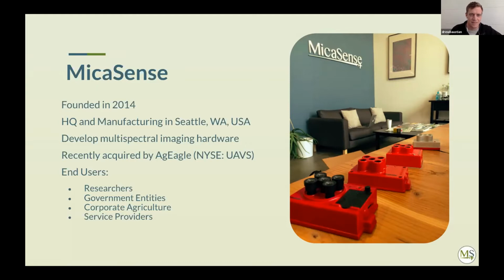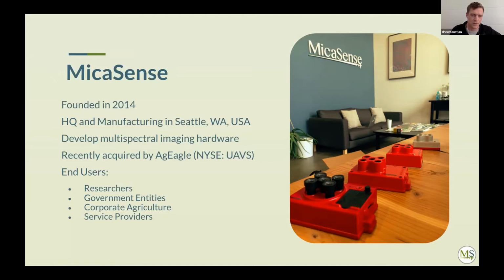So we're based in Seattle, Washington. We develop multispectral imaging hardware. We're really focused on 4 end user groups. We primarily sell to researchers, so that could be academic or commercial researchers, government entities.